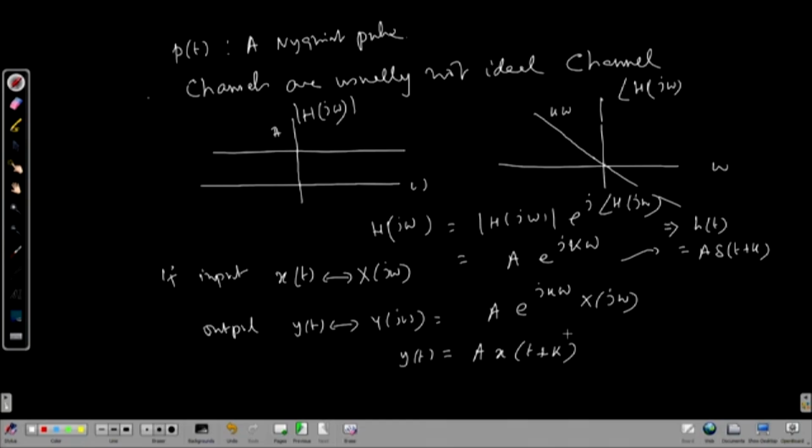But in a practical channel, h t will not be like that. It will not be like A times an impulse, which means a Dirac delta impulse at t equal to minus k. Ideally h t is an impulse at minus k, and k is negative, so minus k is positive, so it will be like this.